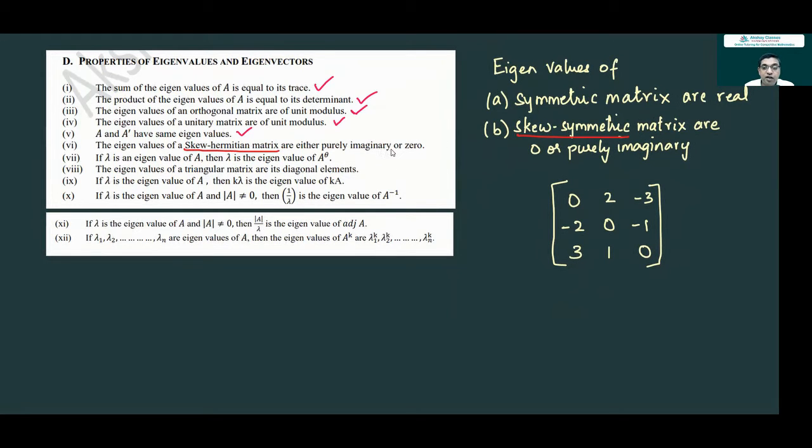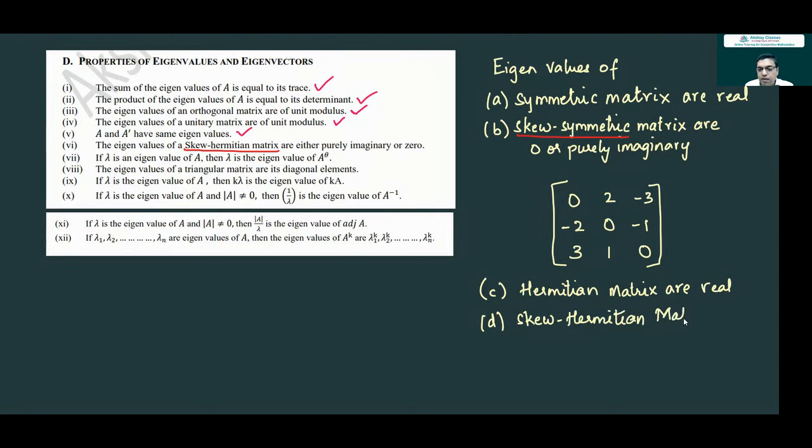Similarly, eigenvalues of a Hermitian matrix are real, and eigenvalues of a skew Hermitian matrix are zero or purely imaginary.